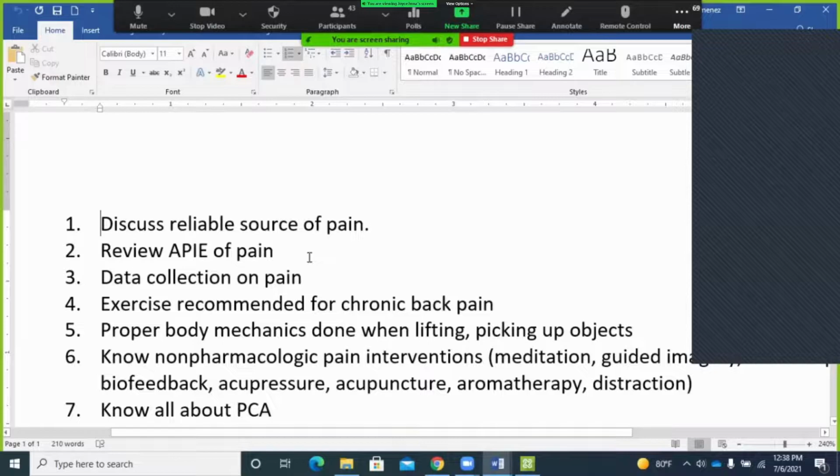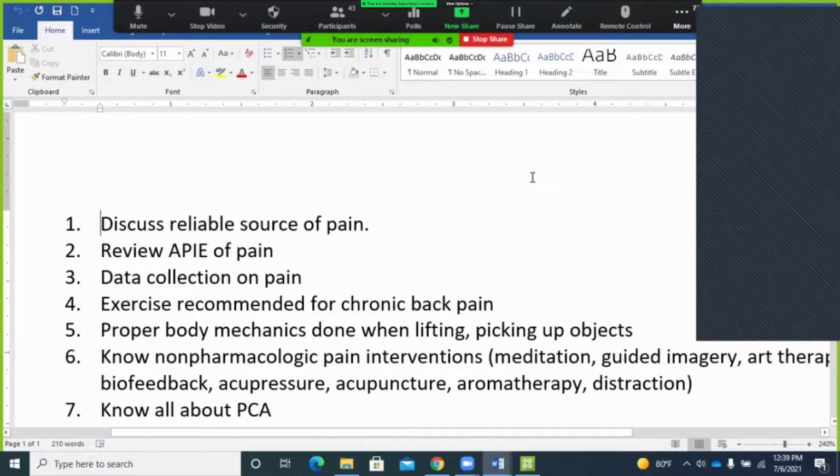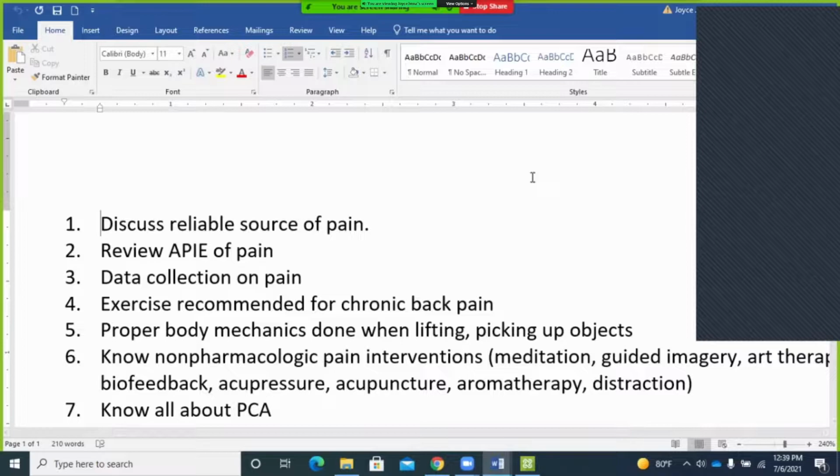Review the API of pain. What is API? The nursing process: assessment, plan, intervention, and evaluation.